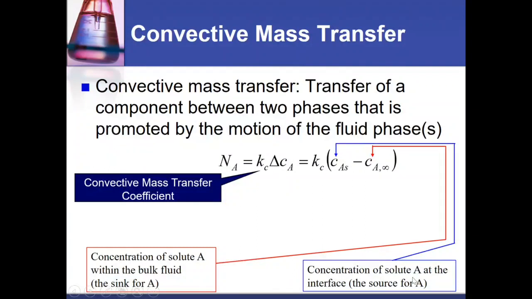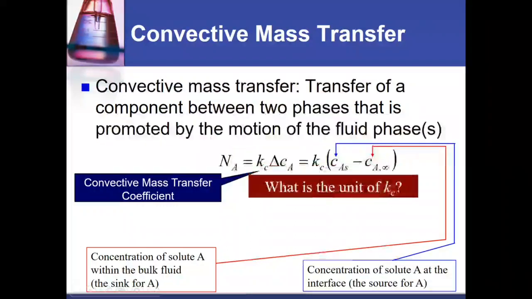And CAS is the concentration of A at the interface, or we call it the source, if the mass transfer takes place from this surface or this object towards the other surface or other medium.